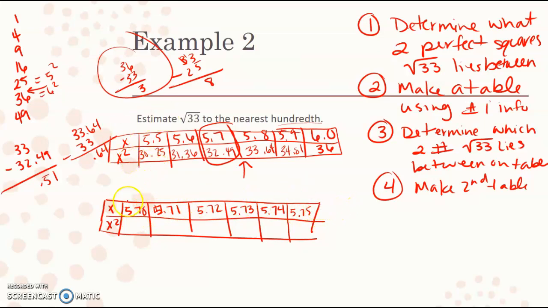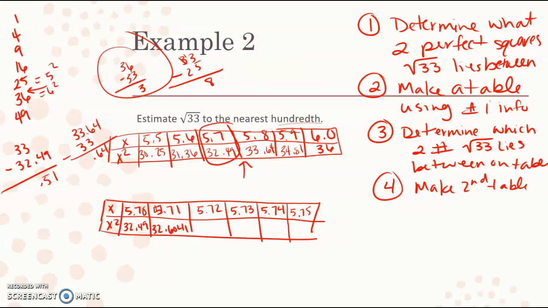And so then we're going to do the same thing again. I'm going to take these numbers in the top. I already know that 5.70 is 32.49. I'm going to take 5.71 and square that number, and I get 32.6041.